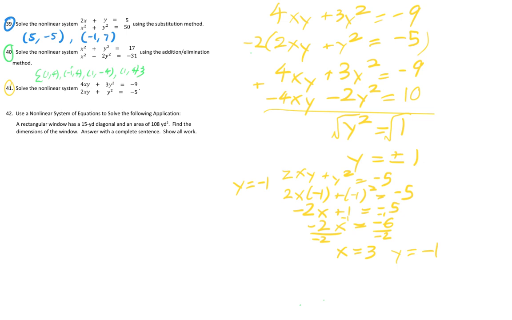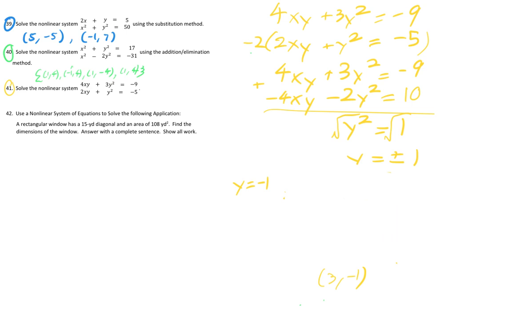So now we can write that as 3, -1. And I'm going to erase all this so we can try when y is equal to 1. So now when y is equal to 1, we're going to have 2 times x times 1 plus 1 squared is equal to -5.